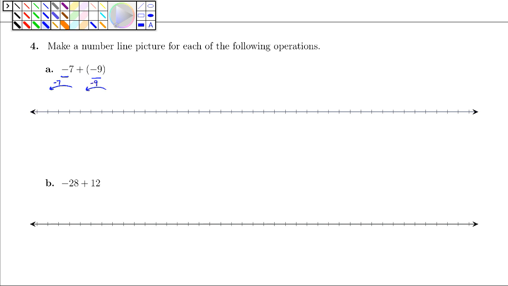So when I add these two together, I should be going more negative. So I'm going to put my 0 over to the right a little bit more because I'm going to go 7 in the negative direction and then another 9 in the negative direction. I'm going to label my axes as I normally do with 5s.